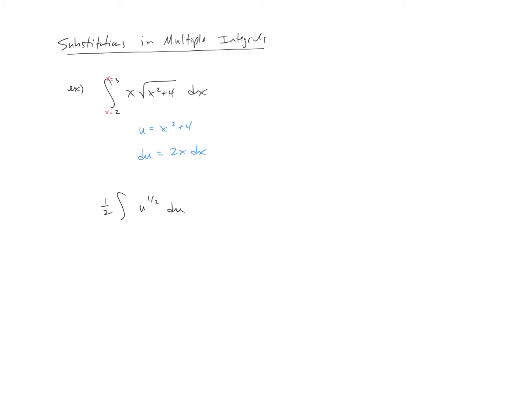They're not u's. So in Calc 1, what we did is we went ahead and reevaluated. If x equaled 2, that implied u equaled 8, by taking the 2 and plugging it in there, it spits out the u. In a similar way, if x equals 3, then u would equal 13.